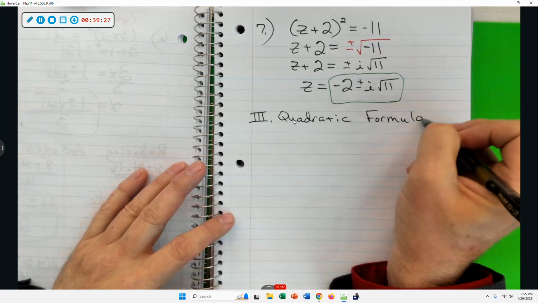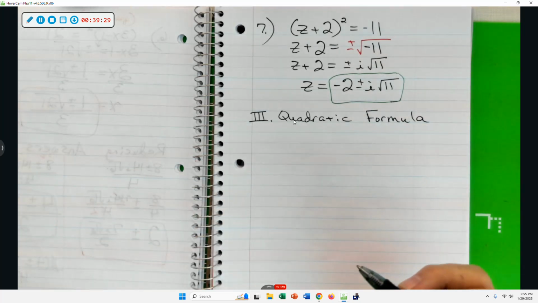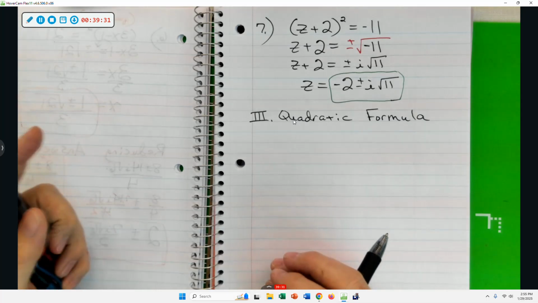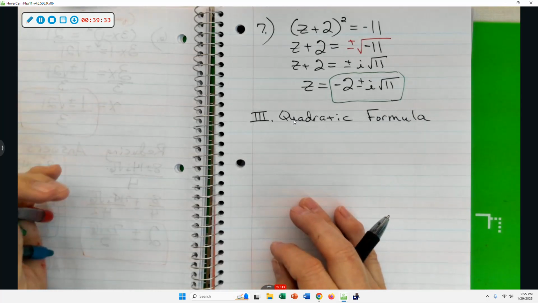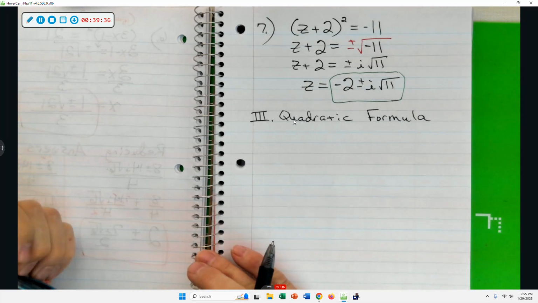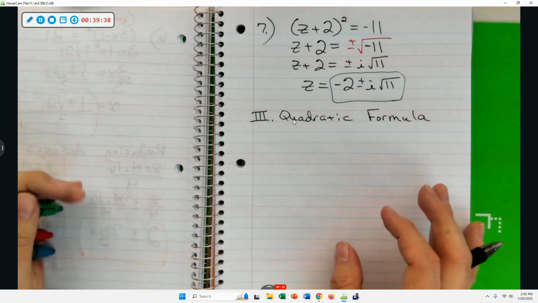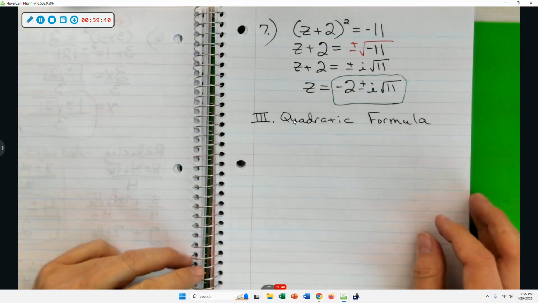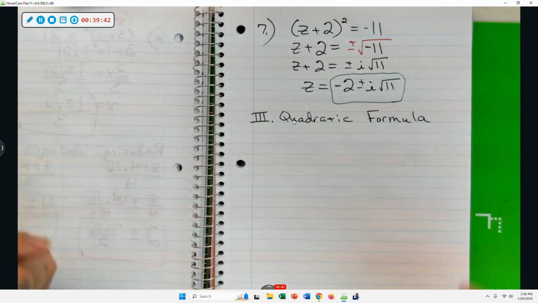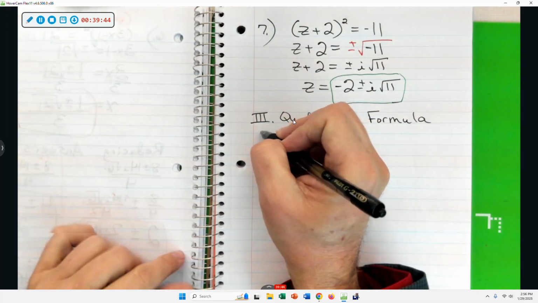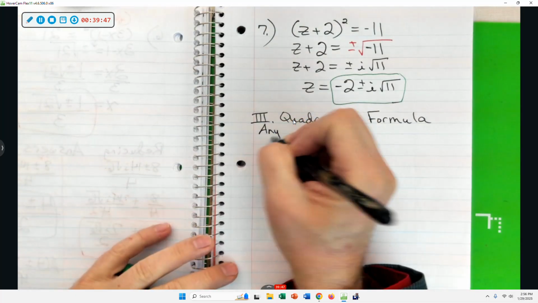This is a formula that will solve any type of quadratic equation. It'll give you imaginary solutions. It'll give you irrational solutions. It'll give you rational solutions if you just can't see how to factor something.